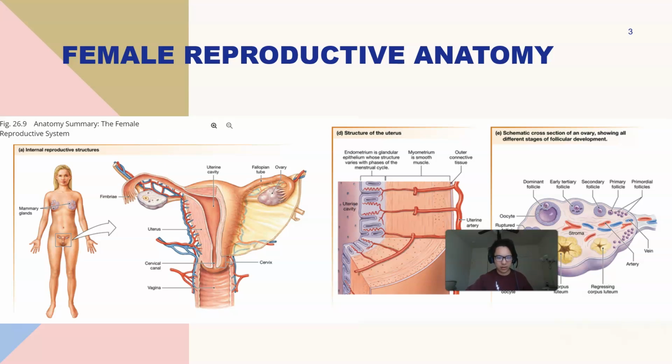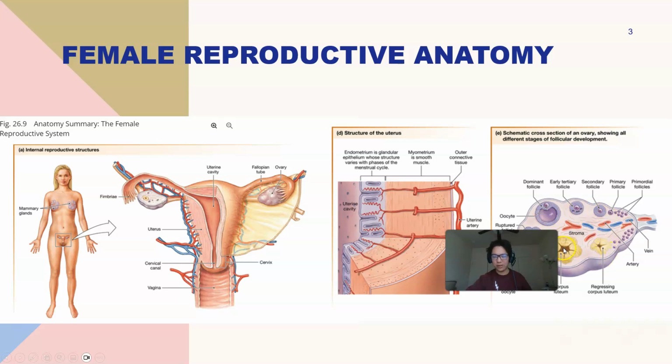This is the structure of the uterus right here. As you can see, there's the cavity. This is just a little cross section of this area. There's my cursor. And over on this side, this is the ovary, where the ovum or the egg develops into a primary follicle and a secondary follicle.